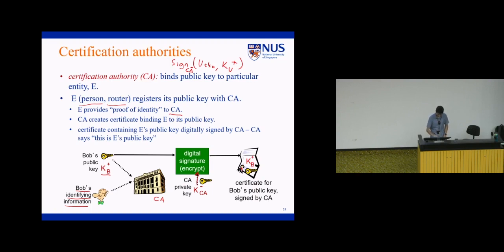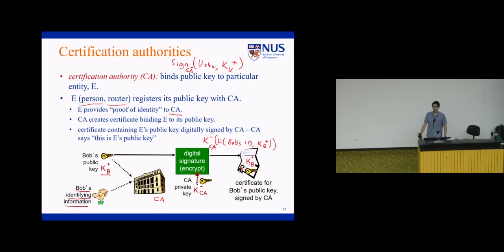So in the end, what happens is that you have the hash of Bob's ID and Bob's public key. This is encrypted with the certificate authority's private key. So this is how a certificate looks like.